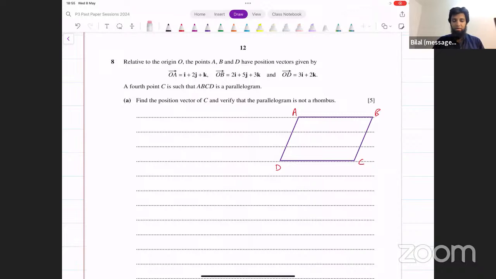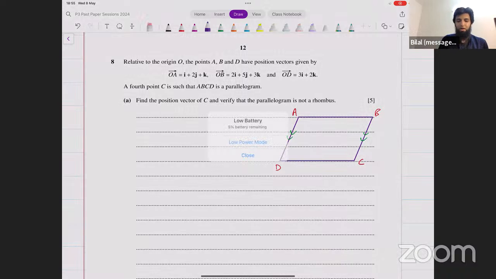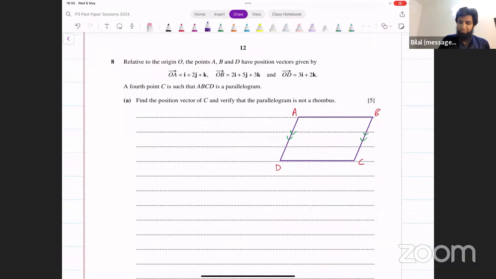You can use any parallel vectors. You can say AD, for instance, is parallel to BC. And they're equal as well. In fact, the opposite vectors are equal in the parallelogram. That means the BC vector is equal to the AD vector.